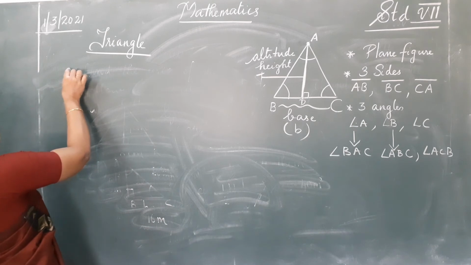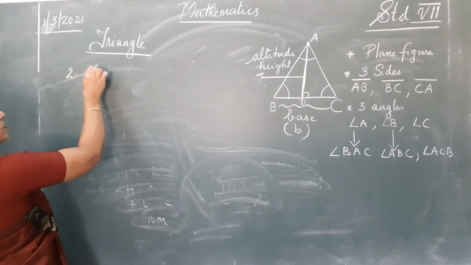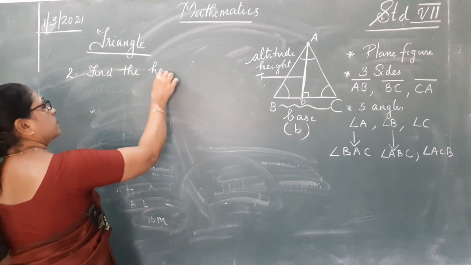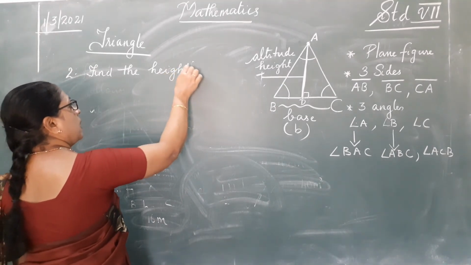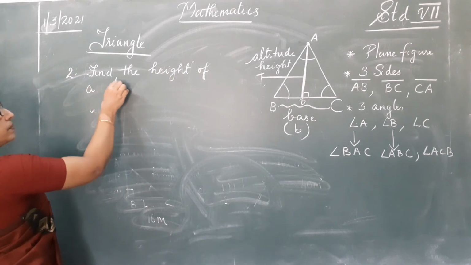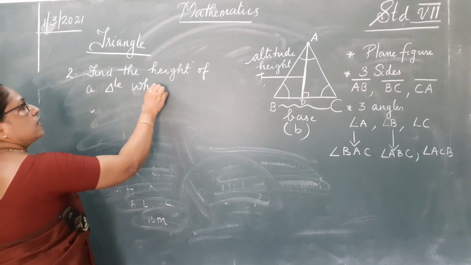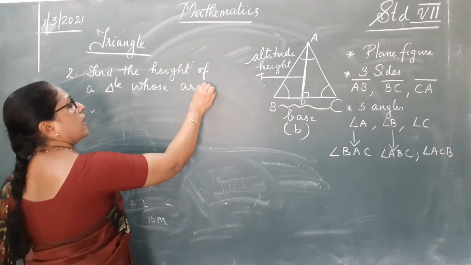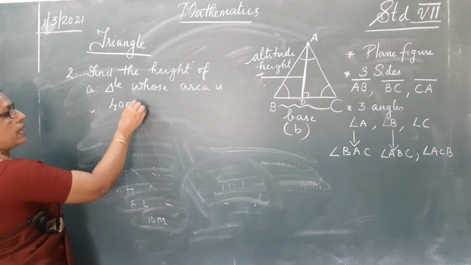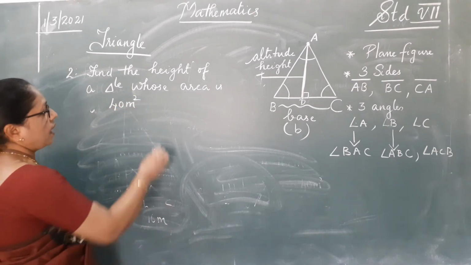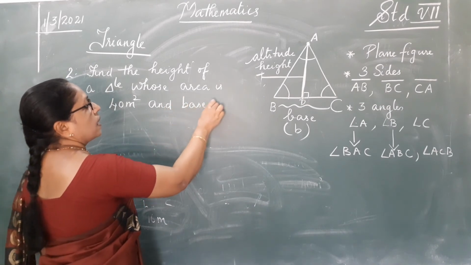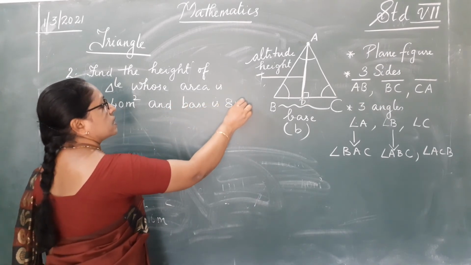Next question is, find the height of a triangle whose area is 40 meters square and base is 8 meter.